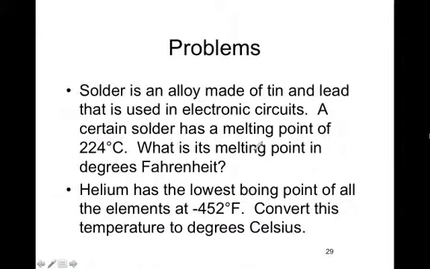Solder is an alloy made of tin and lead that's used in electronic circuits. A certain solder has a melting point of 224 degrees Celsius. What's its melting point in Fahrenheit? Is it 9/5 times degrees Celsius plus 32?